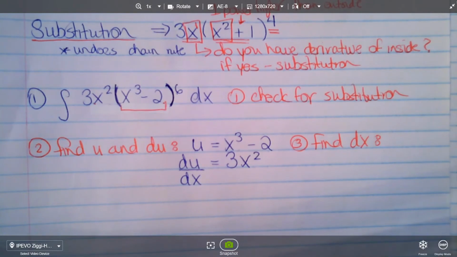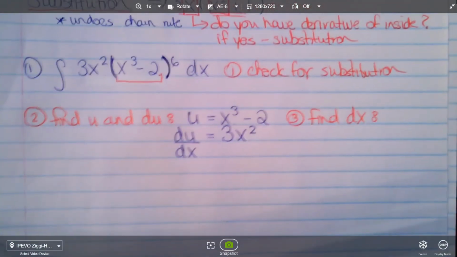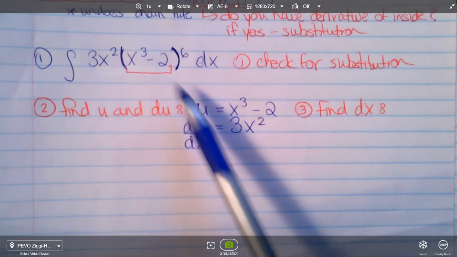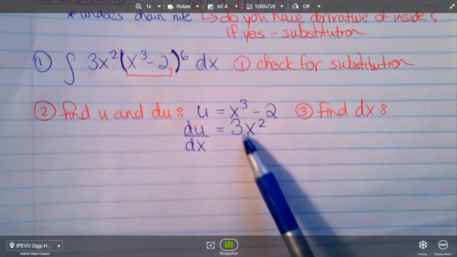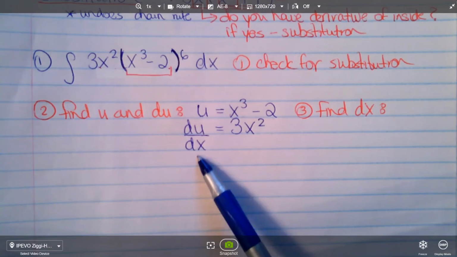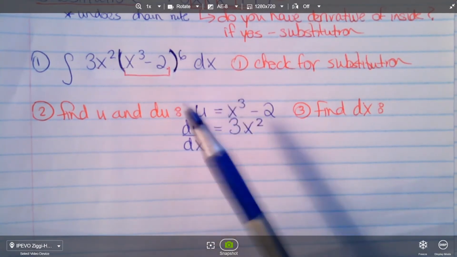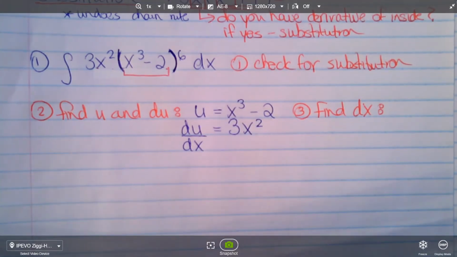Before we get back to the question, there's one more thing I want you to do. You're going to find u. u is going to be what's in the bracket. I want you to find the derivative of it and call it du dx. Now it could be du dt or ds, depending on whatever's here, but it's going to be du, so u with respect to the letter. Then find dx.